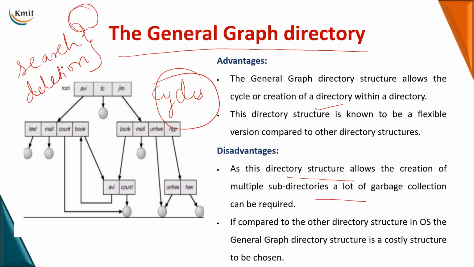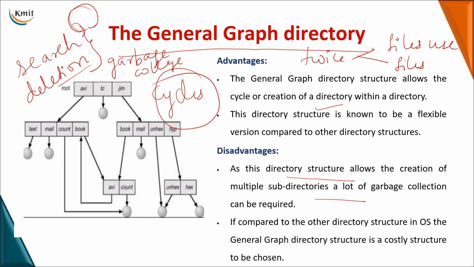To overcome this problem in deletion, we use a concept known as garbage collection, where you traverse your directory structure twice. First, to identify which files are in use, and in the second traversal, you identify which files are not in use, and then you delete them. But this garbage collection will take some amount of time.